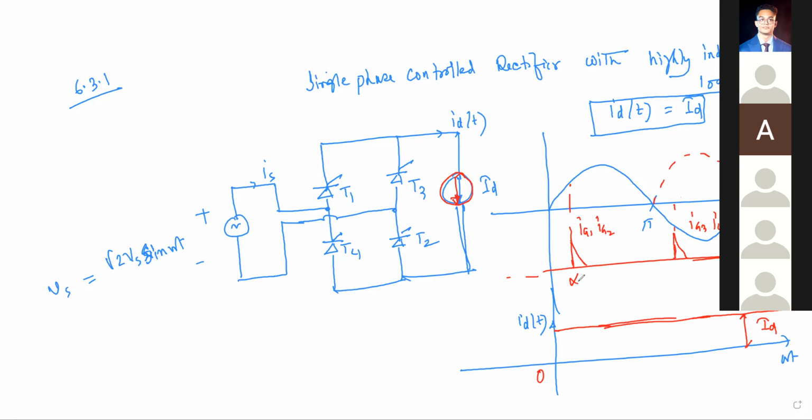Then if it is alpha, this one is the positive voltage, T1 and T2 should conduct, and the current IS should go like this. What should be the shape of IS? So plot IS here.